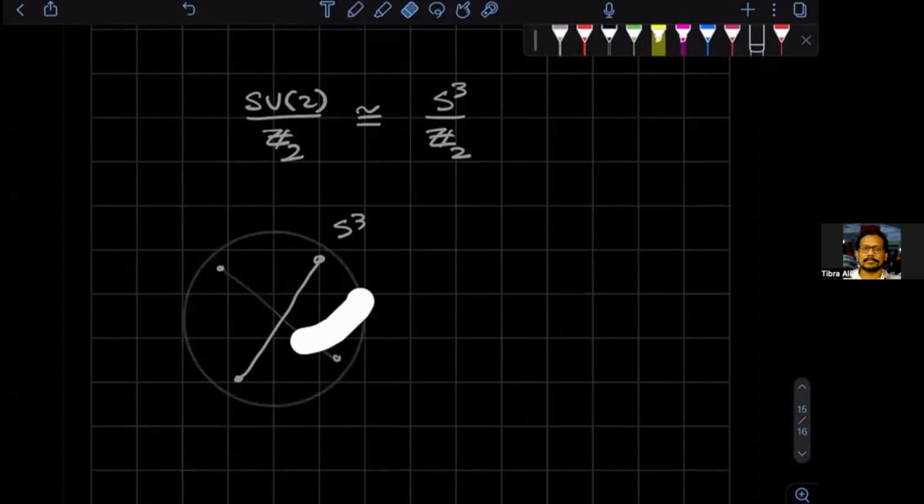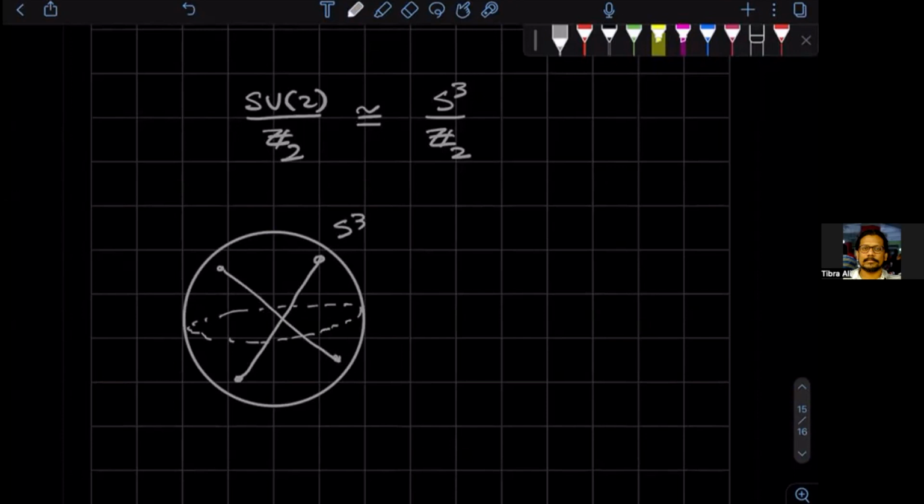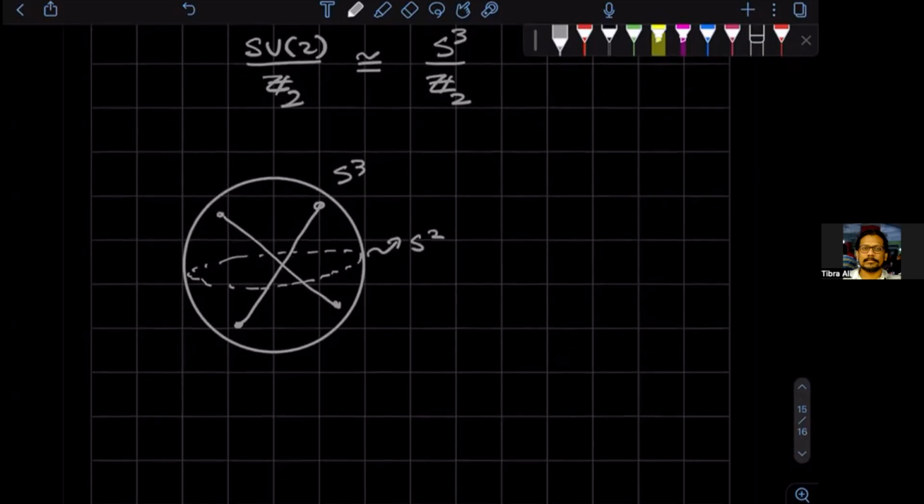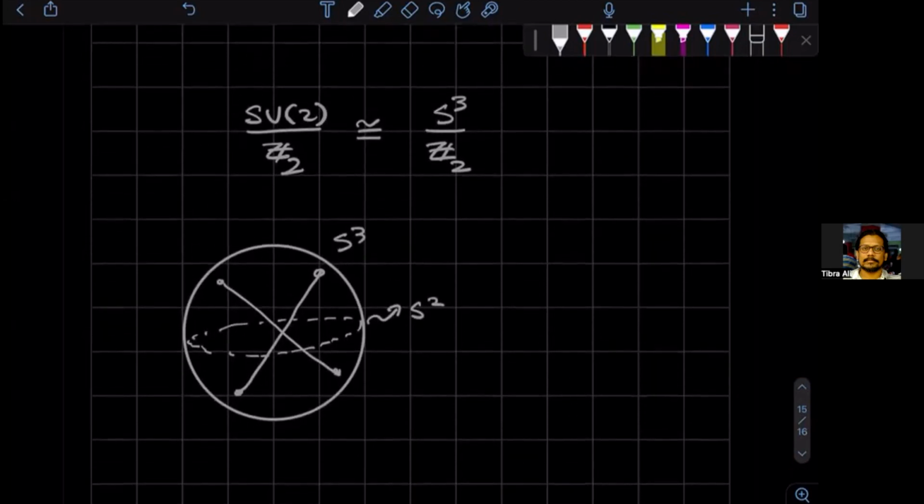Okay. So this is the equator, which is an S2. Okay. So this is going to be equal to SO3.